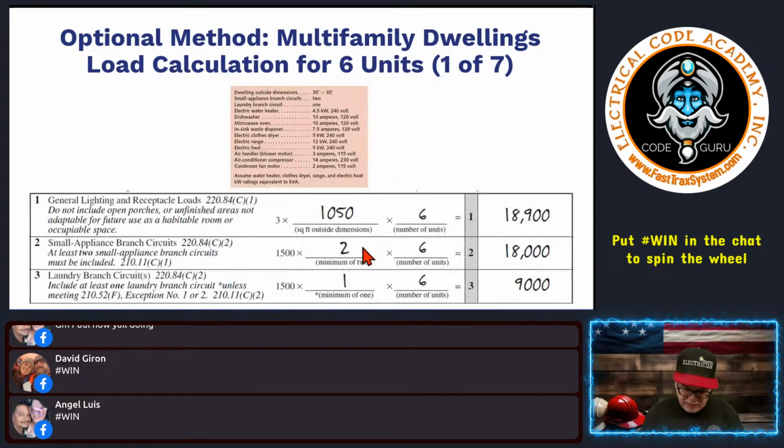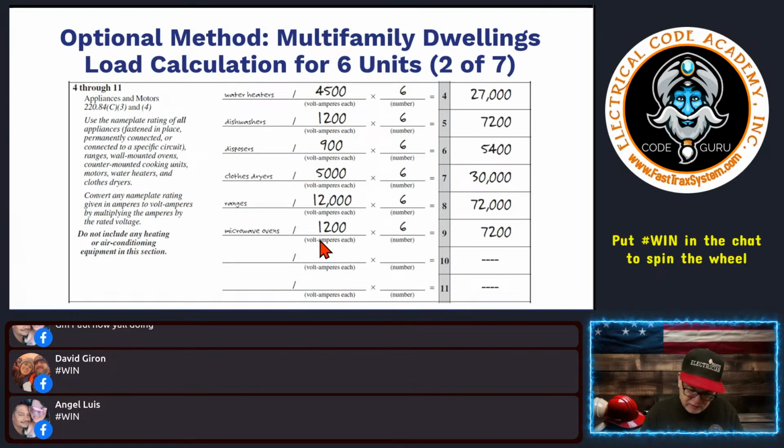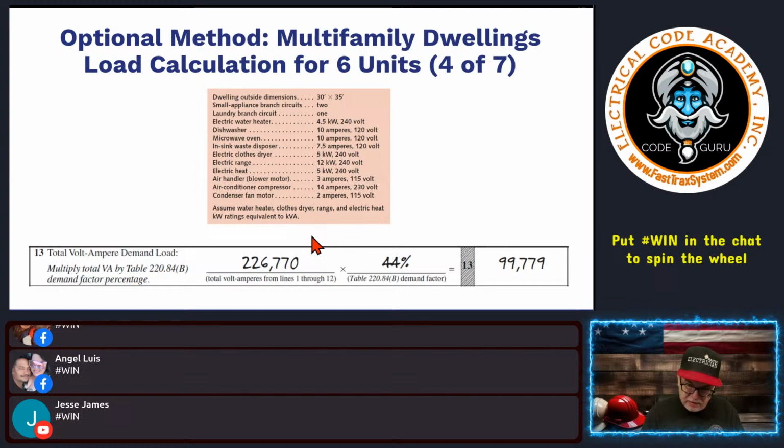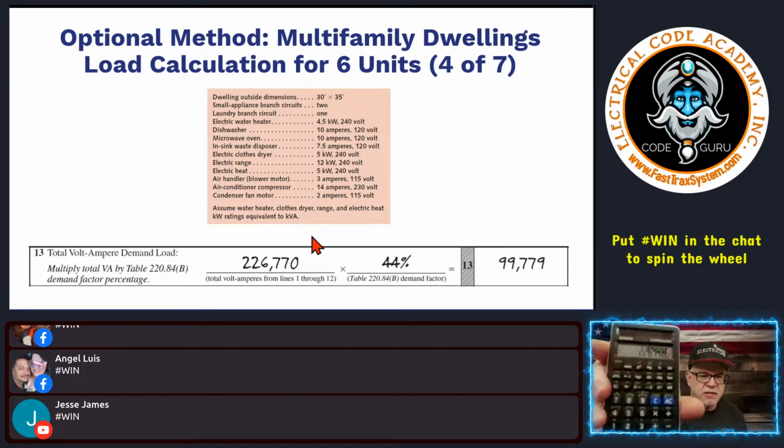So let's go back and just add everything up together. 18,900 plus 18,000 plus 9,000, plus 27,000 plus 7,200 plus 5,400 plus 30,000 plus 72,000, oops, messed up on that one, plus 7,200, plus the 32,070, and that equals 226,770, so we got our numbers there.